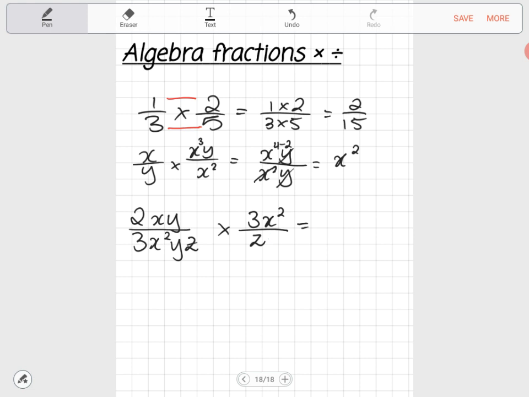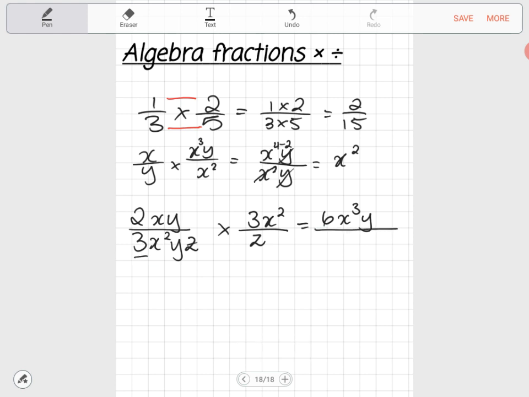Okay, so look at your numbers first. 2 times 3, that is 6. x times x squared is x to the 3. Remember, you're adding your powers. And you have a y as well, so you add your y in.